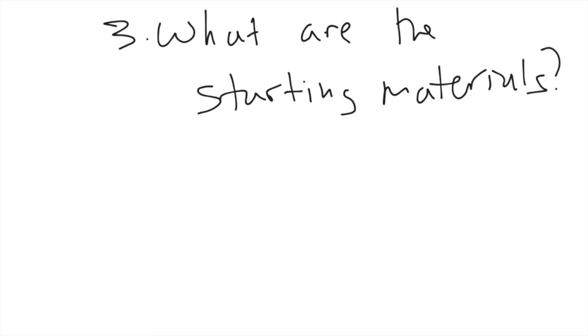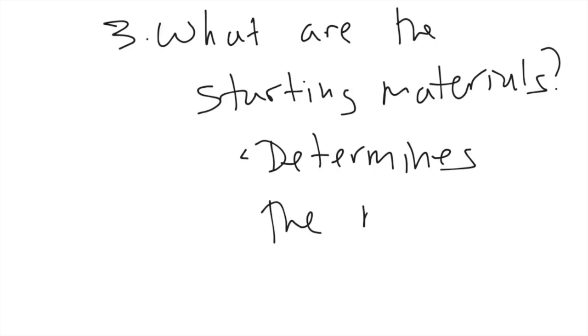The starting materials determine the name of the reaction. So it determines if you're doing a Heck reaction, a Suzuki reaction, or a Stille reaction. Those starting materials let you know what reaction you're doing. So that's what you need to look at.